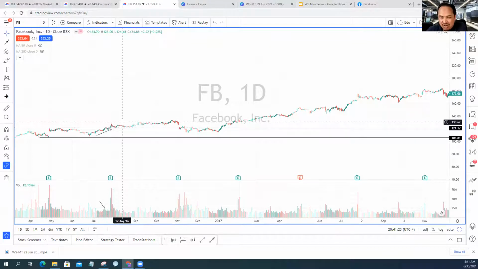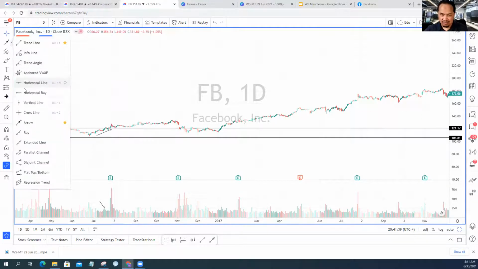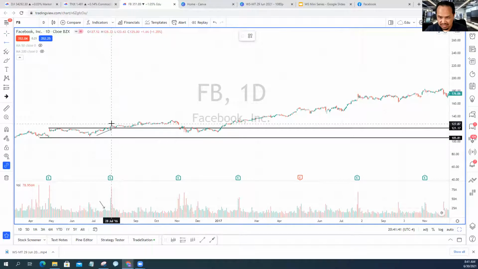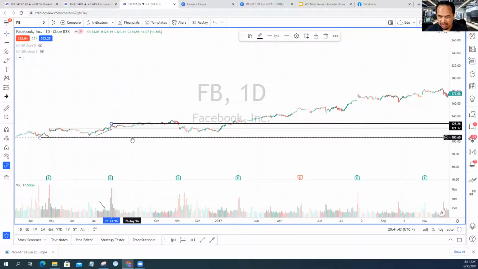As you can see here, there is a price action whereby the price stops going upwards, and that is where a new resistance can be plotted.